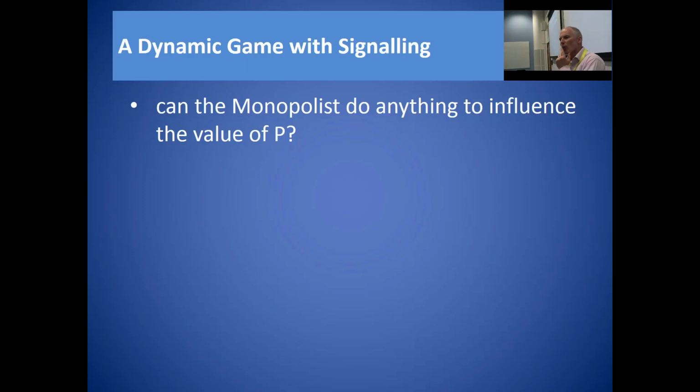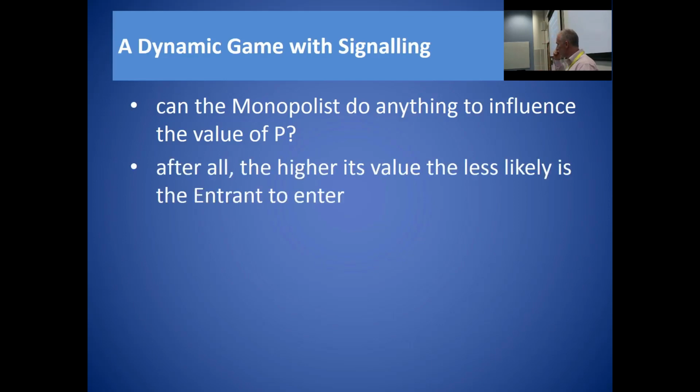Because we've said, when we found this crucial Bayesian Nash equilibrium probability, that P determined whether the entrant stayed out of the market or not. Now, as that value of P increases, as it's more and more likely that the monopolist is strong, it's more likely that the entrant will stay out of the market.